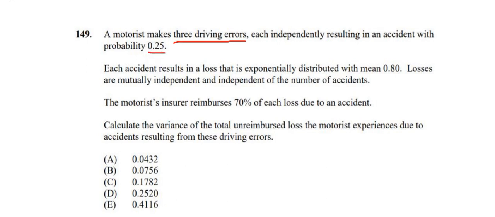If we have the error happen, the probability is 0.25 that we will have a car accident. So here no car accident, right? If a car accident happens, then the loss L will follow an exponential distribution, and the mean is a point A.